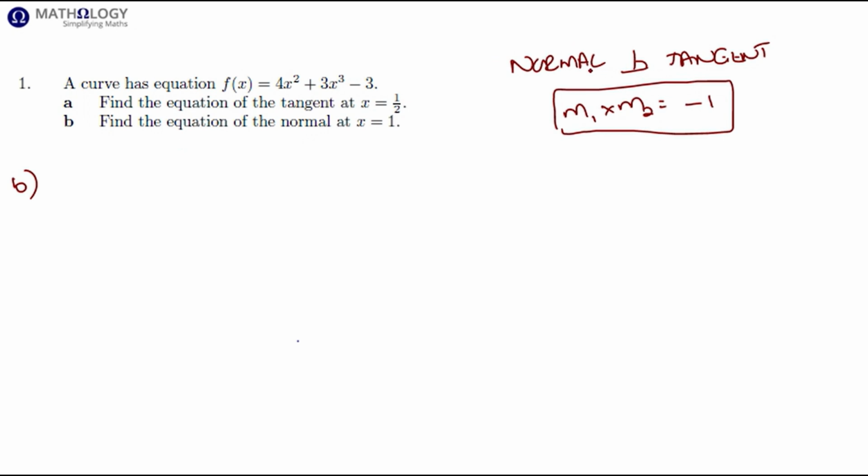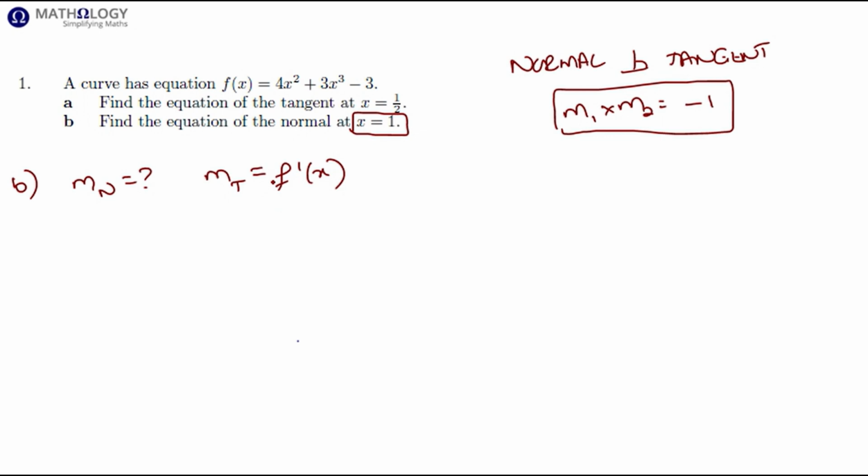So, to find the gradient of the normal, we are first always going to determine the gradient of the tangent. Now, we know the gradient of the tangent is given by f prime x. We have a different point here, so the gradient of the tangent in the previous question no longer applies, because we are required to find the equation of the normal at the point where x equals 1, not x equals a half, as previously.